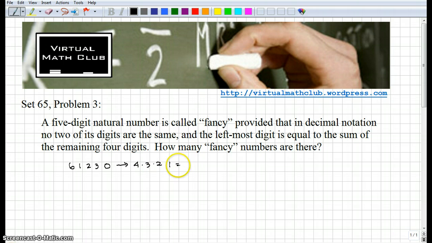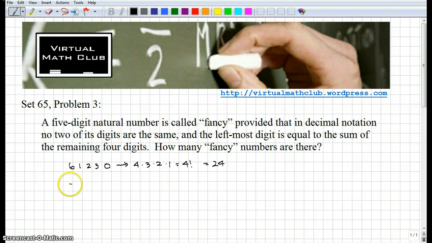So that's 4 factorial ways to rearrange the last 4 digits and still get a fancy number. What is 4 factorial anyway? It's 4 times 3 times 2 times 1. So that's 12 times 2, which is 24. So there's 24 of these numbers.